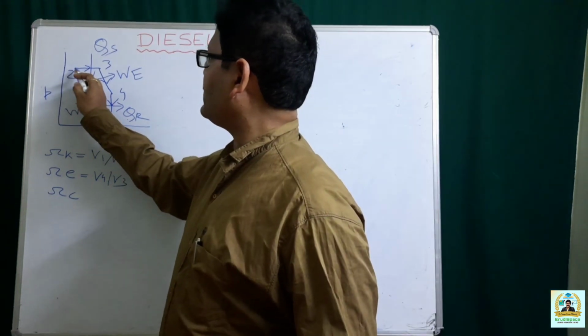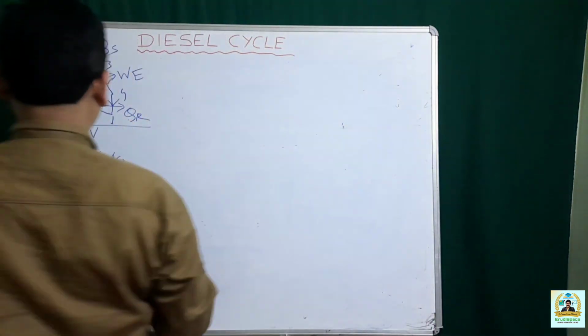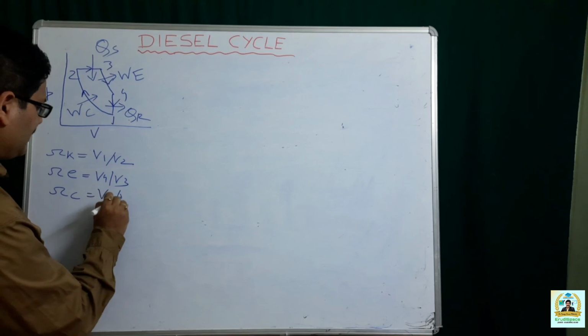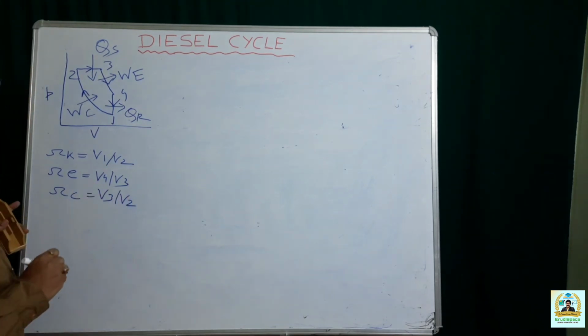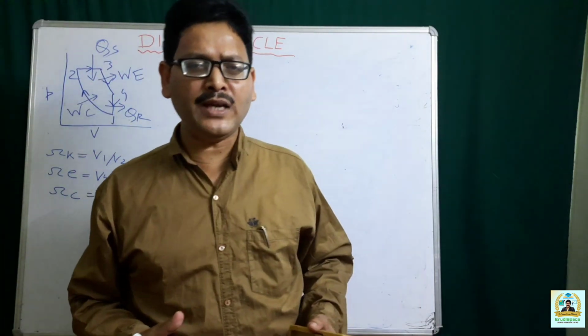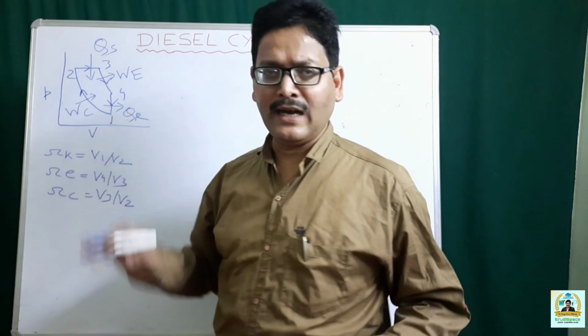So fuel addition starts at point 2 and it ends at point 3, and this ratio is called your cutoff ratio. Now, there is a relationship between these three ratios, RK, RE and RC.